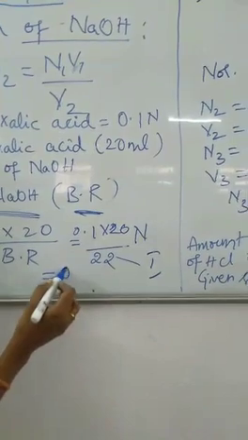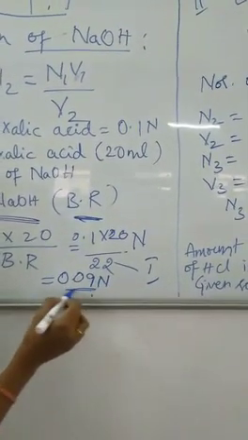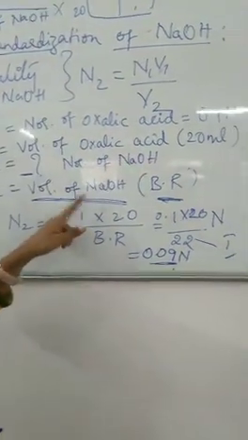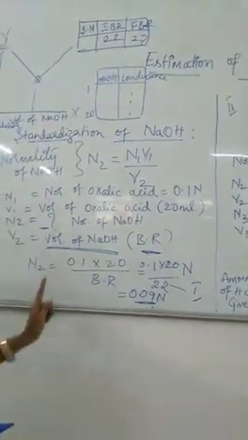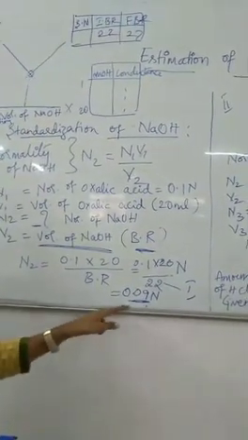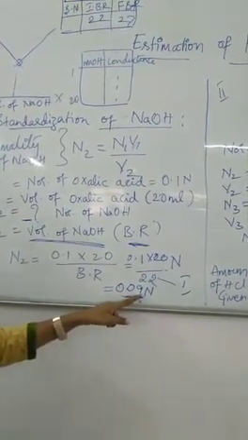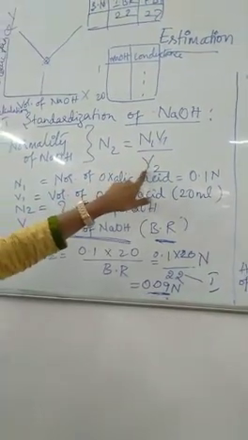After doing the calculation, the value is 0.09, the normality of sodium hydroxide. So the formula we are using is N2 equal to N1V1 by V2.